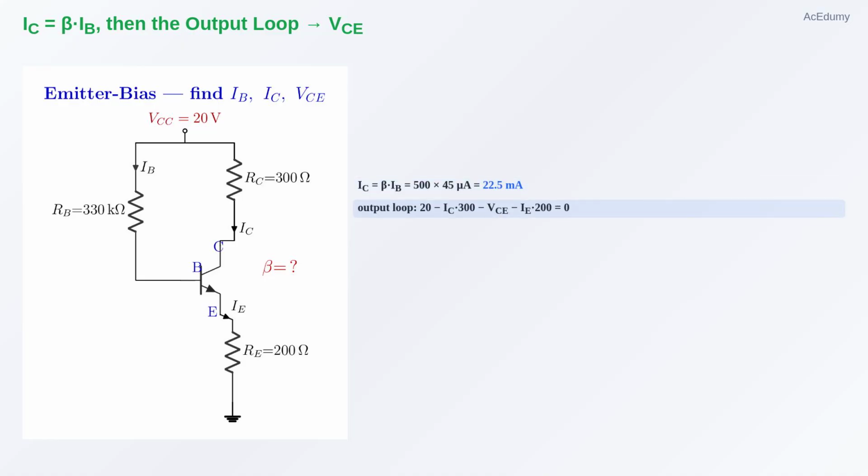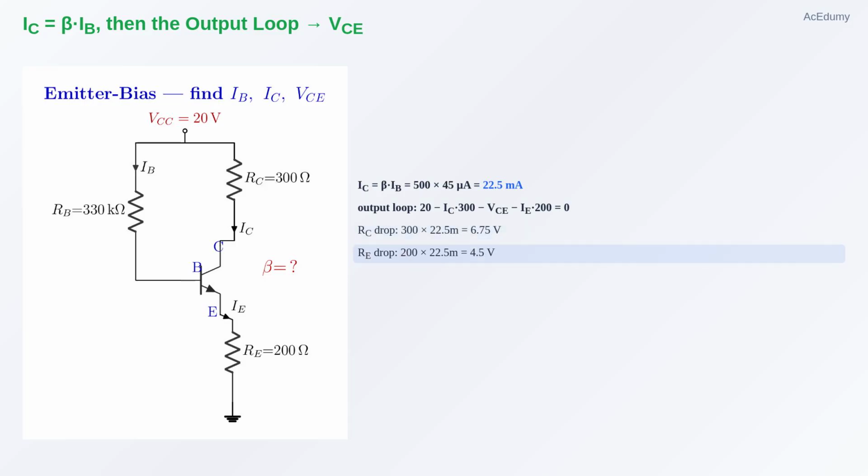Now the last unknown, the collector-emitter voltage. Walk the output loop this time. From the supply, down through the collector resistor, across the transistor, and down through the emitter resistor. The collector resistor drops 300 ohms times 22.5 milliamps, which is 6.75 volts.